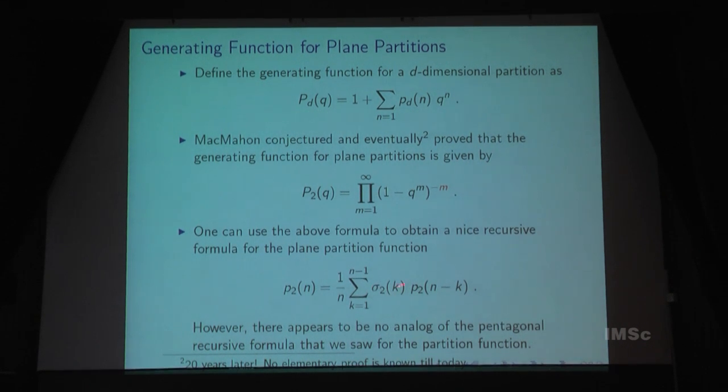Sigma 2 of k is the summation over d dividing k of d square. It's a divisor sum. Okay. That's correct, right? So it's some standard number theoretic thing, and these are very easy to compute numbers.